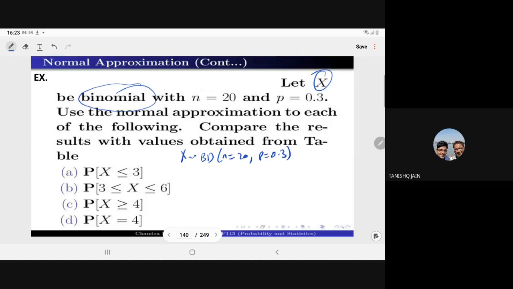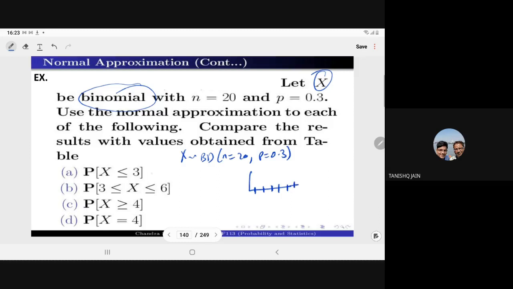Actually, what we are doing here, we have x equal to 1, x equal to 2, x equal to 3, x equal to 4, x equal to 5, x equal to 6.